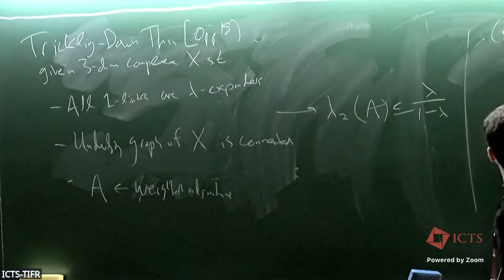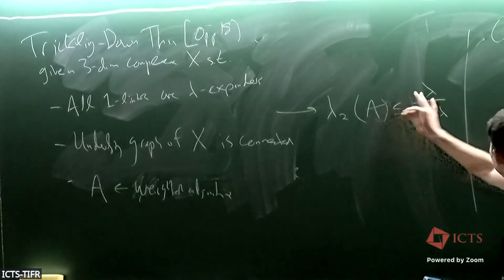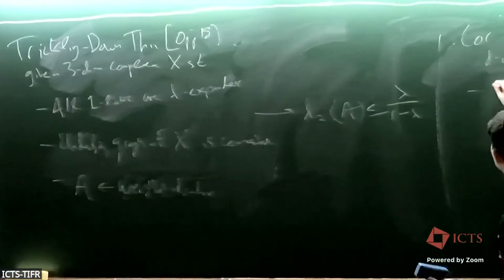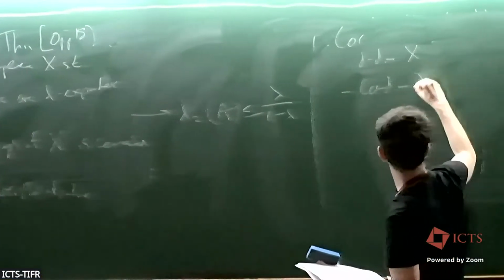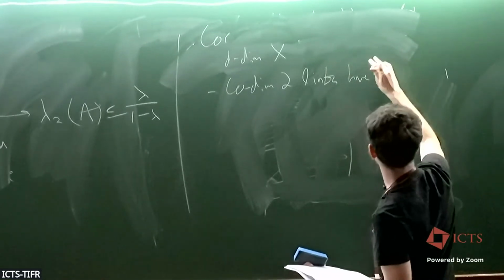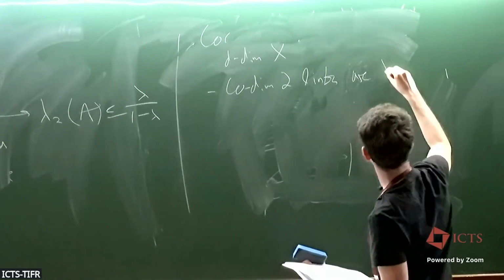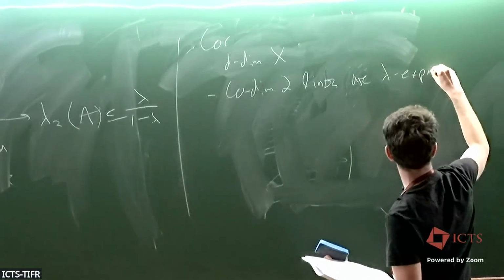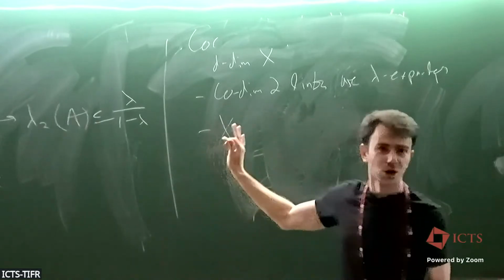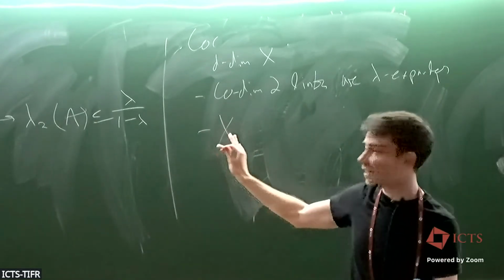But as a corollary, you get the same setup, but now a d-dimensional complex X, such that the codimension 2 links are lambda expanders, and X is connected, by which I mean the underlying graphs of all links of X are connected.